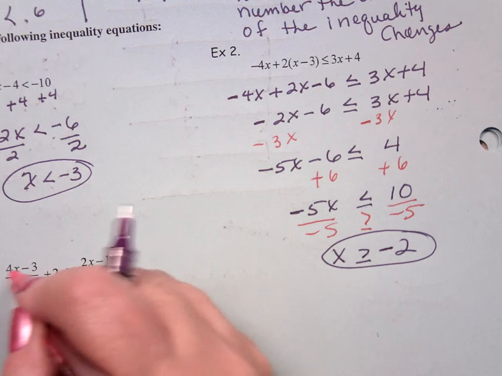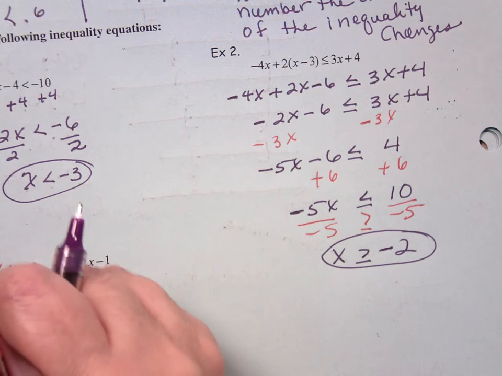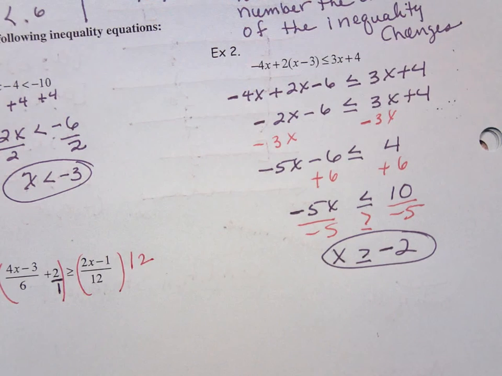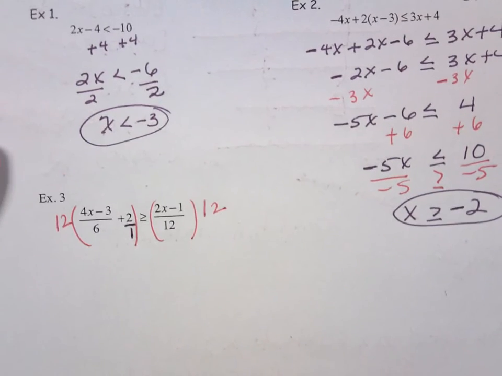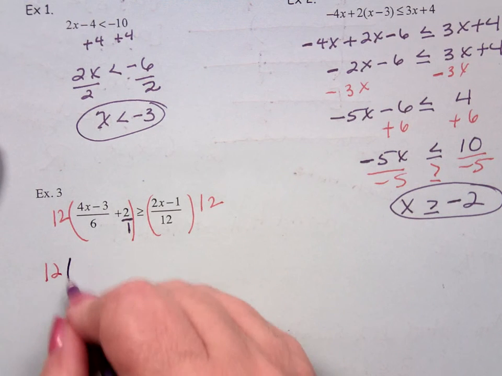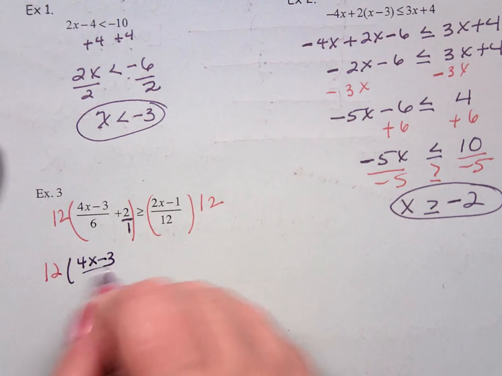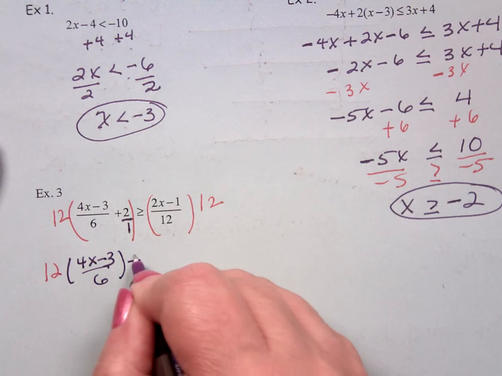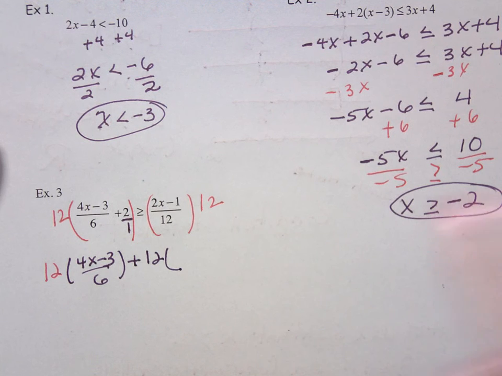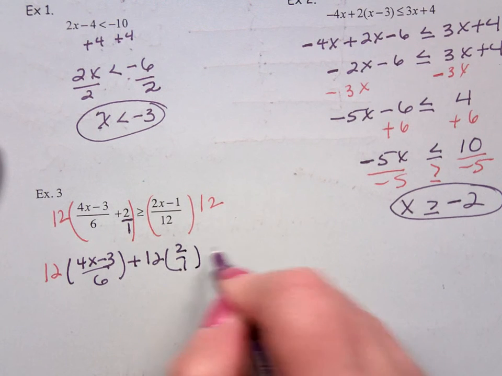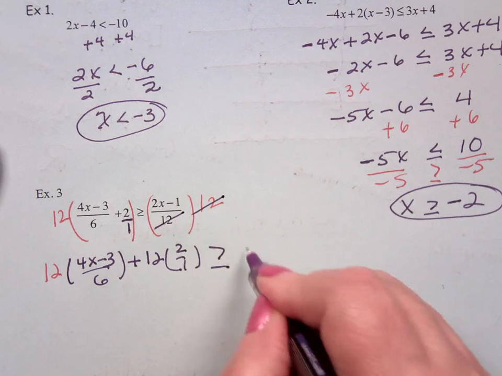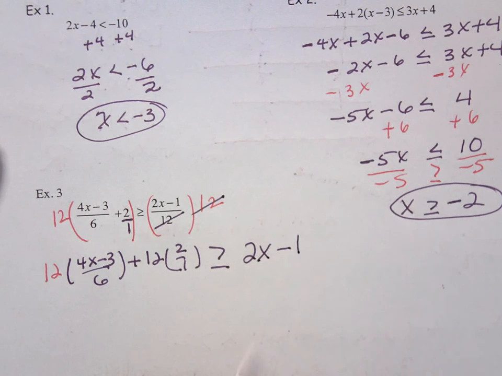So I want to multiply both sides by a positive number, namely a positive 12. So I'm going to have 12 times 4x minus 3 over 6 plus 12 times 2 over 1 greater than or equal to, here the 12s reduce out, 2x minus 1.